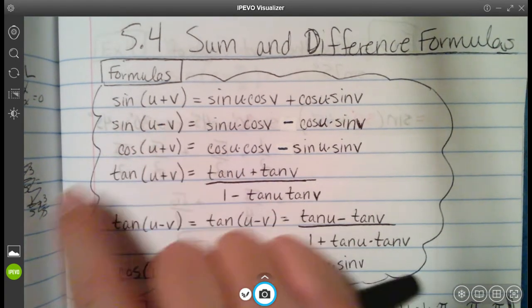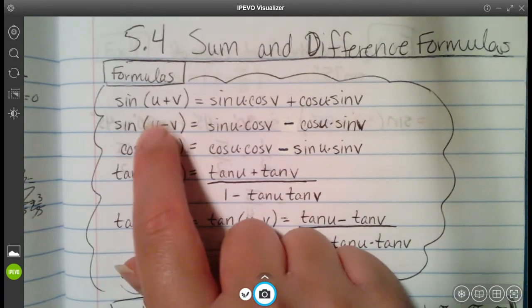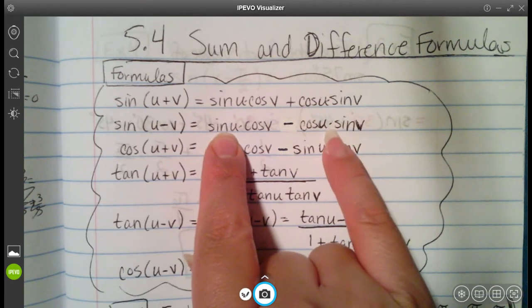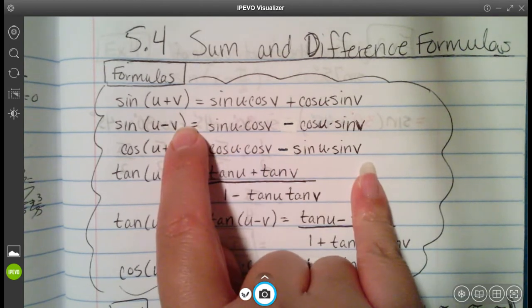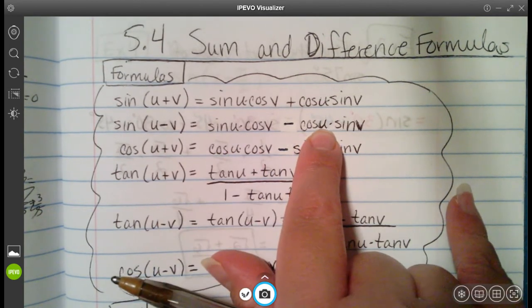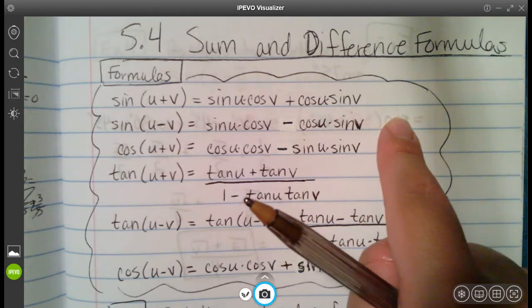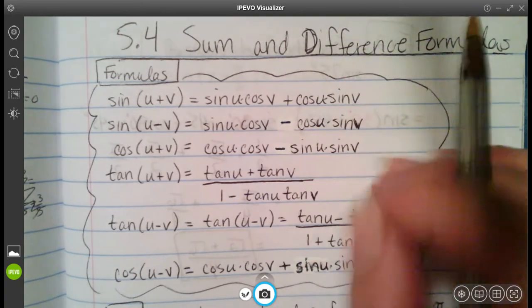If we subtract them, we get pi over 12. You could break it down into this formula instead, where you take sine of the first one, cosine of the second one. Similarly here, cosine of the first one, sine of the second one, multiply, subtract, and we get an answer. So these formulas work depending on what we're looking for.